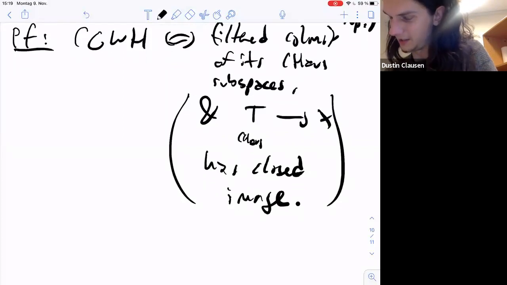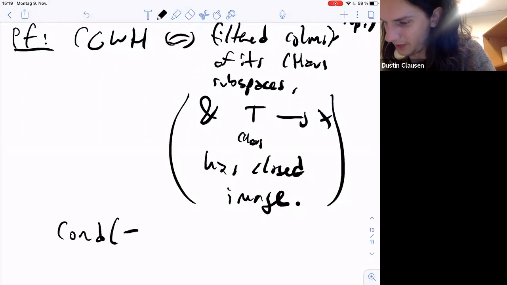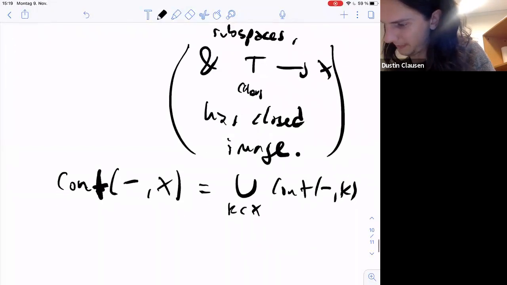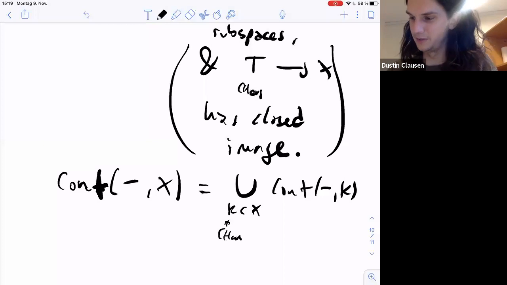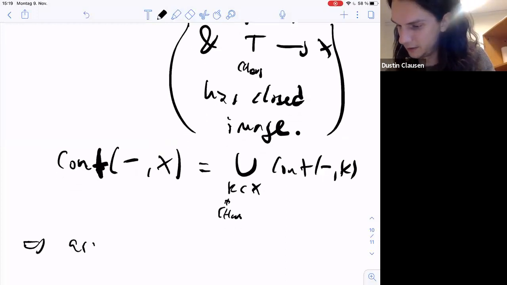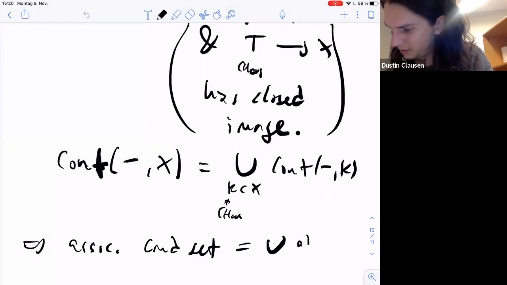this implies then that the associated condensed set, so, sorry, continuous maps from blank, is the same thing as the union over all compact Hausdorff subsets K of continuous maps from blank to K. So for any map from a compact Hausdorff space, you can factor it through its image, and so you see that it comes from this subset here, which means that the associated condensed set is the union over all compact Hausdorff subspaces.